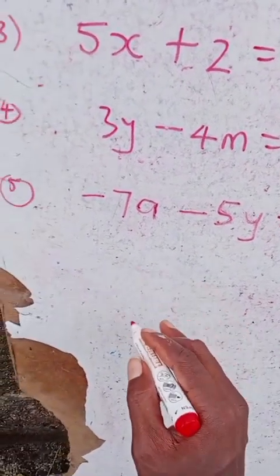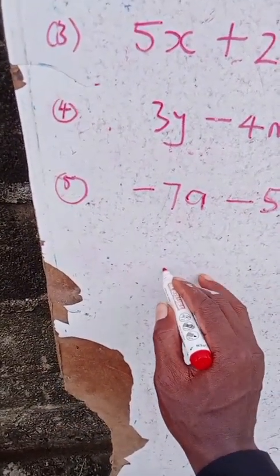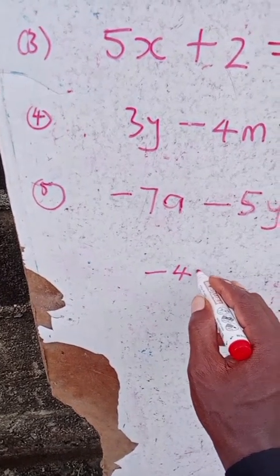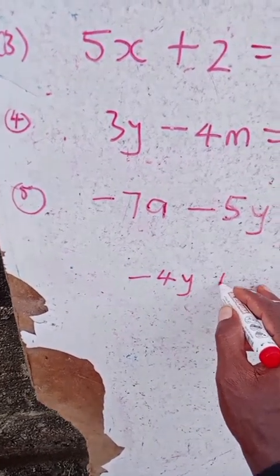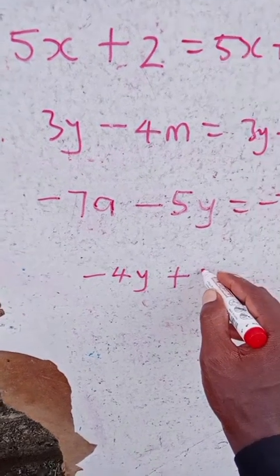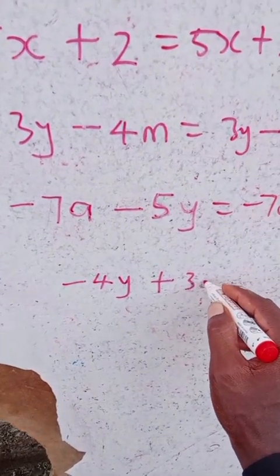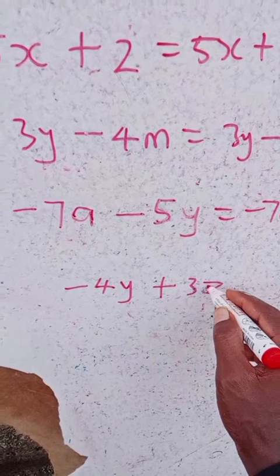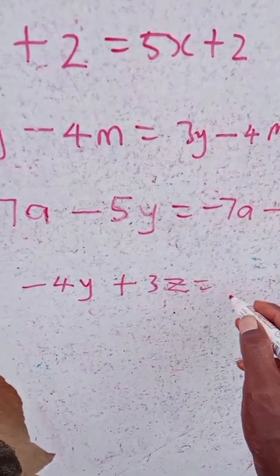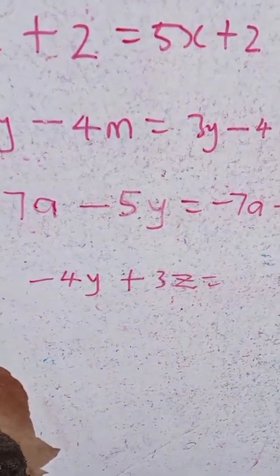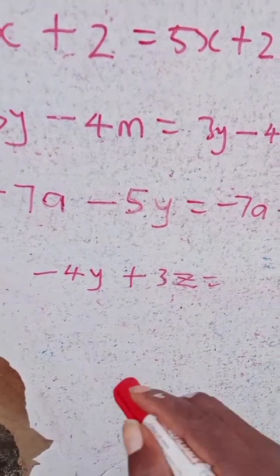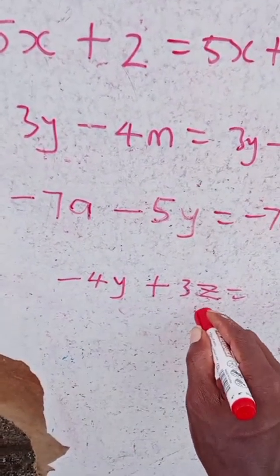Now let me give you this last example. If you are owing 4 goats, but you have 3 fowls, that is minus 4y plus 3z. You are owing 4 goats, but you have 3z.